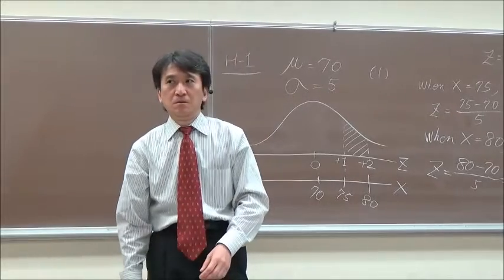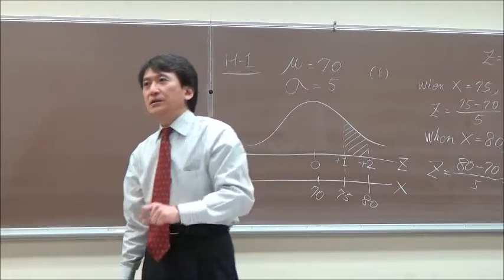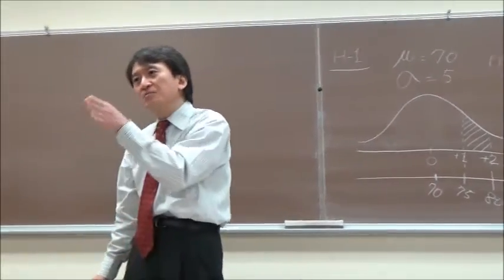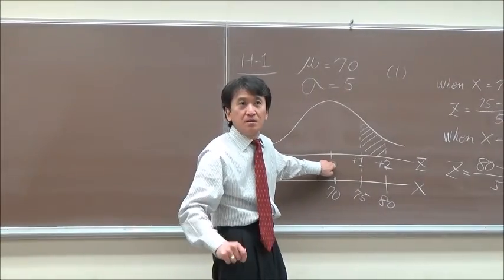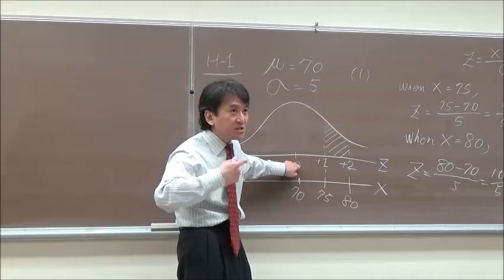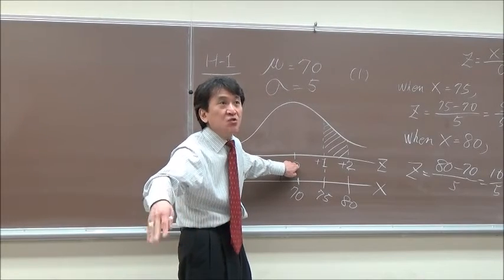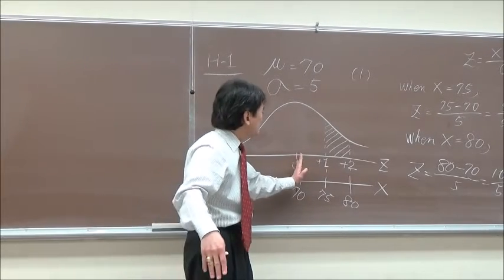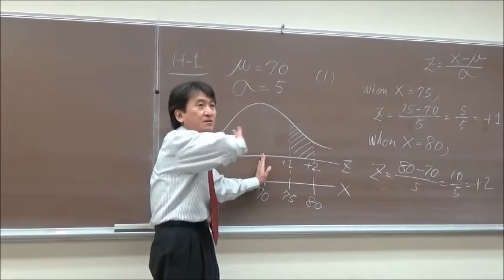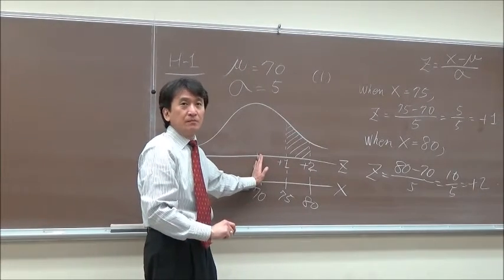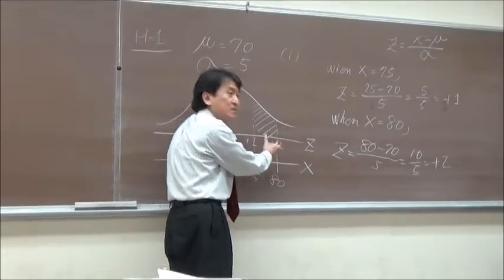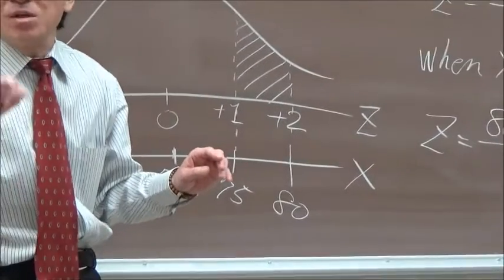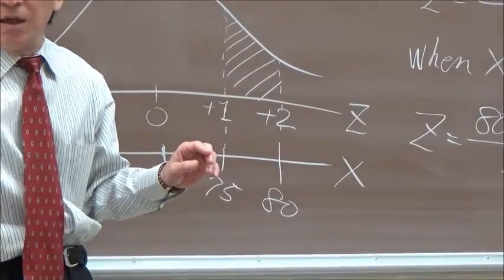This is the distance from the mean? Exactly. Excellent. The starting point is 0, right? Whatever probabilities you see, the starting point is 0. And this side, right? So how can you possibly find this probability directly? It's impossible, right? Very good.